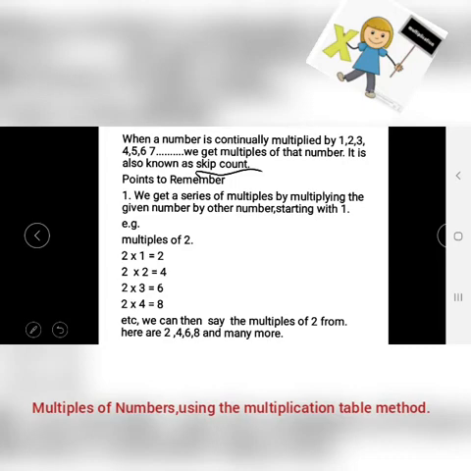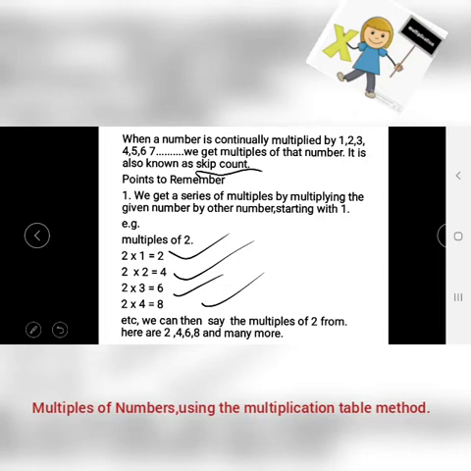Multiples of 2, you have to start with 1. 2 times 1, 2. 2 times 2, 4. 2 times 3, 6. 2 times 4, 8. So we can then say the multiples of 2 from here are 2, 4, 6, 8. What do you think the next multiple will be? If you multiply 2 by 5, what's that going to give you?